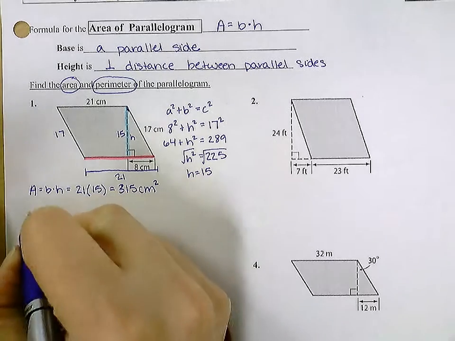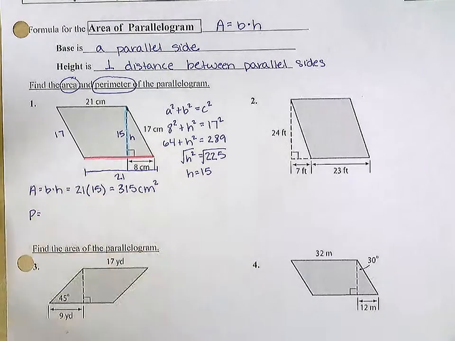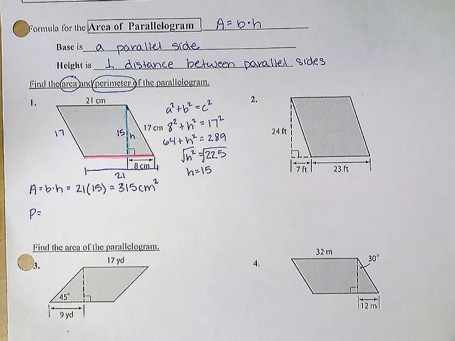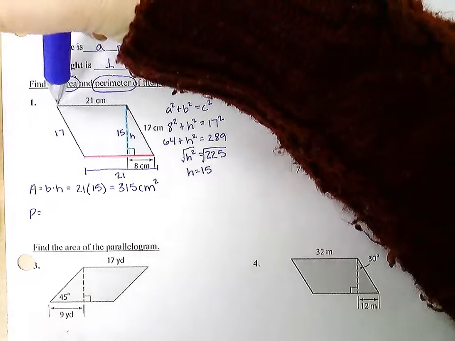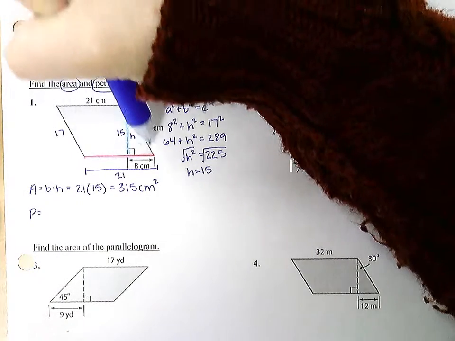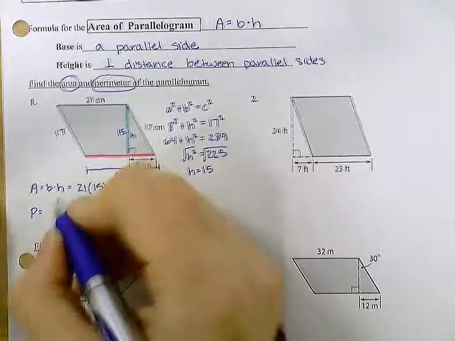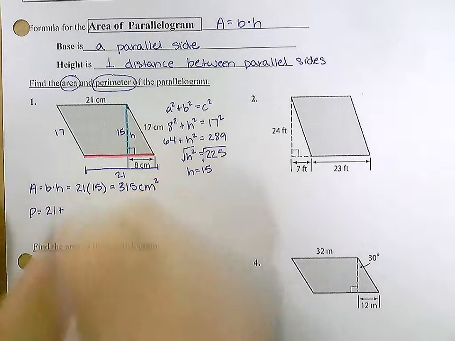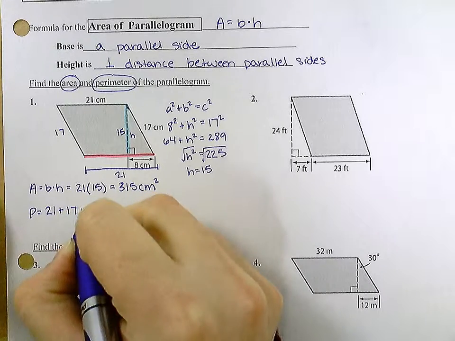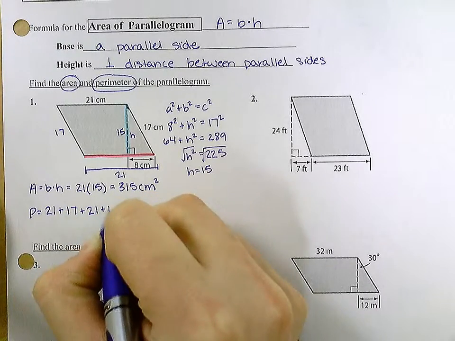Next, I want to find the perimeter. Okay, perimeter is adding up all of your sides together, all of the outside sides. So that means I'm taking 21, 17, 21, 17. Okay, so adding 21 plus 17, 21 plus 17.